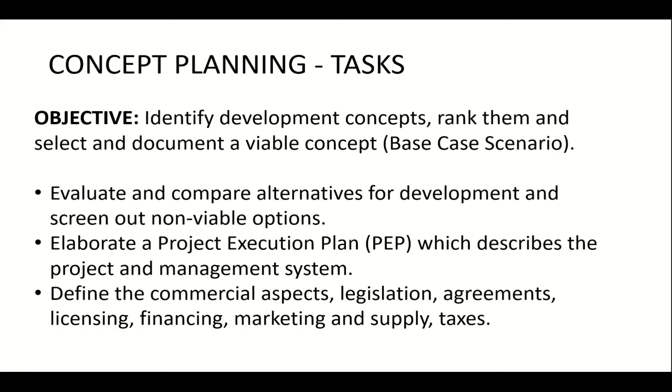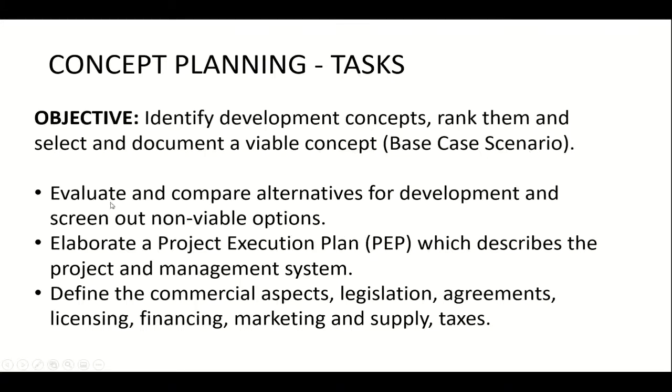And I have to try to analyze each one of them, expand them even further, try to make a cost estimation and economic analysis for all of them, and rank them, and select and document the most likely concept or strategy. That's called the base case scenario.